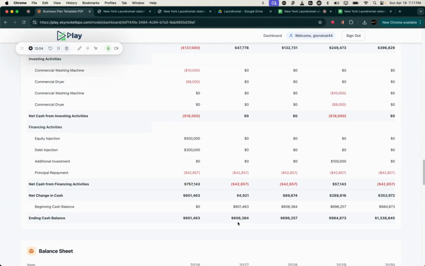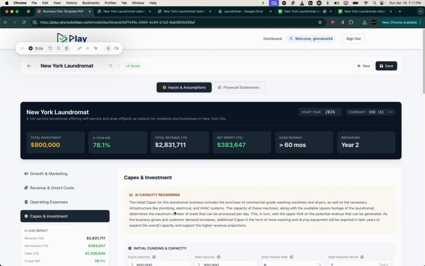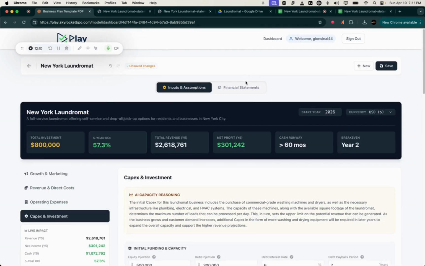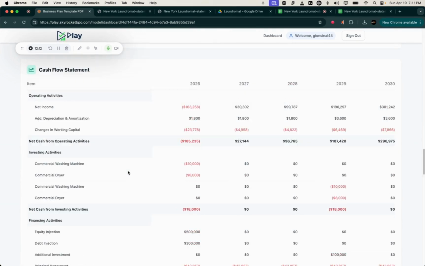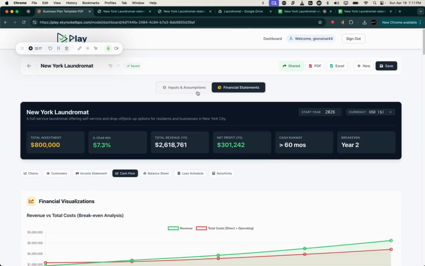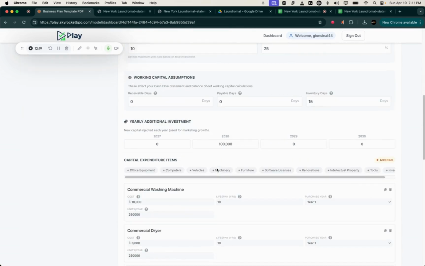So it is 606. So let's make it 0. Now let's check this out. Cash flow statement 538. So as you can see, increasing the payables positively impacts your cash flow, and receivables has an opposite effect.